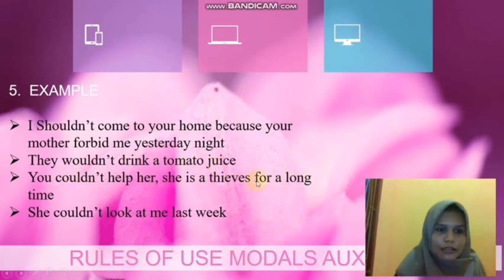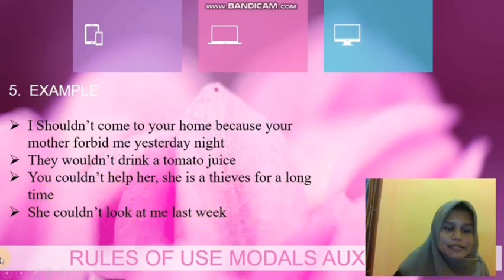"She slept for a long time, and she couldn't look at me last week." You can see this is the modal auxiliary, but this is a negative sentence, adding not after the modal auxiliary: shouldn't, wouldn't, couldn't, and couldn't.